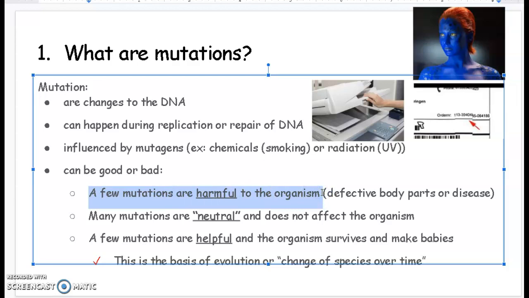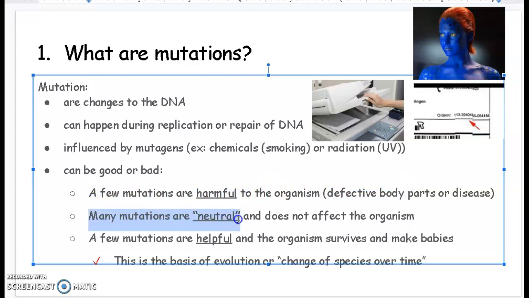So think about genetic disorders, genetic diseases. That is harmful to the offspring. So chances are, in the wild, that offspring is probably doomed. It's not going to make it. Now imagine you're born with a foot that grows the other direction. That's pretty harmful to you, isn't it? So a few mutations are harmful.